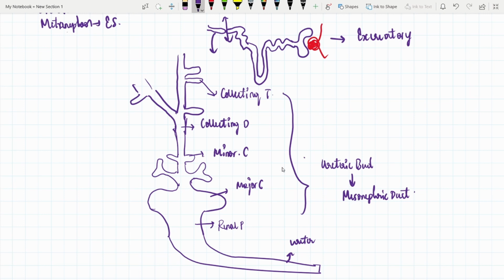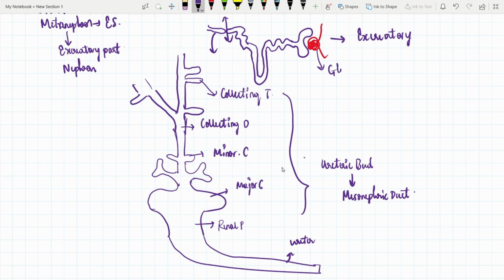As I said previously, metanephros gives rise to excretory part, right? What are those excretory parts? That is nephron, which consists of this. This is nephron, right?